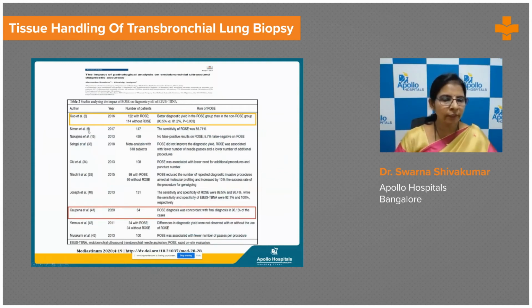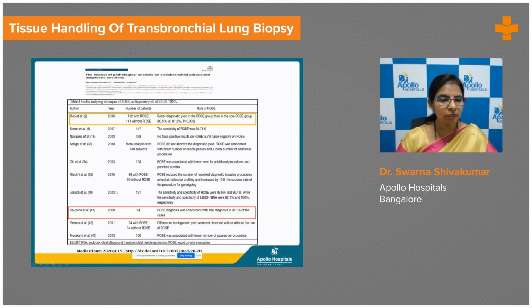Now, this is one of the articles published in Mediastinum regarding the impact of ROSE on the diagnostic yield of EBUS TBNA. Guo et al. in 2016 concluded that there was a better diagnostic yield in the ROSE group, about 90.5%, than in the non-ROSE group, about 81.2%, where the p-value is 0.003. And later, Kopanakis et al. in 2020 concluded that ROSE diagnosis was concordant with final diagnosis in about 96.1% of the cases.